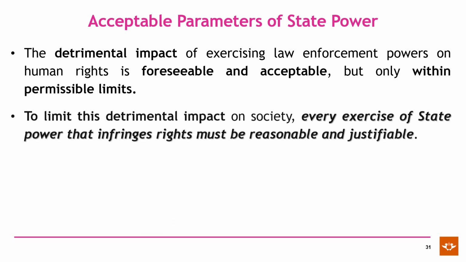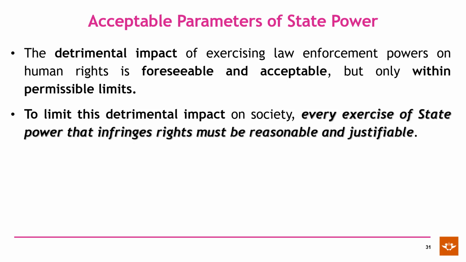So, effectively, to limit this detrimental impact on society, whenever the state exercises powers through various branches of authority, and that power has a foreseeable impact on rights, such exercise of power must be reasonable and justifiable.